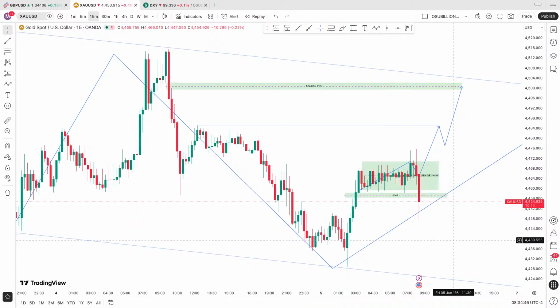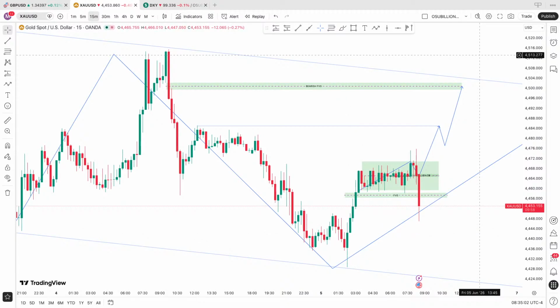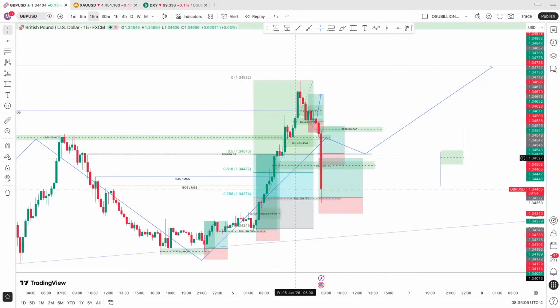Okay, so now this is where we are getting our breakout. Gold is also falling, but that small fair value gap in there, it tapped it. Since it tapped it, is it going to go in the opposite direction, giving us a bullish or a bearish momentum? This is where the truth comes in.